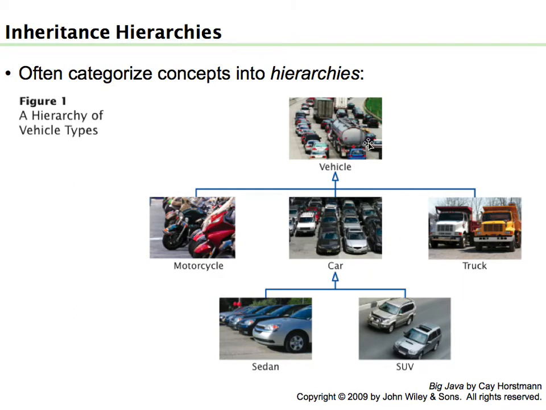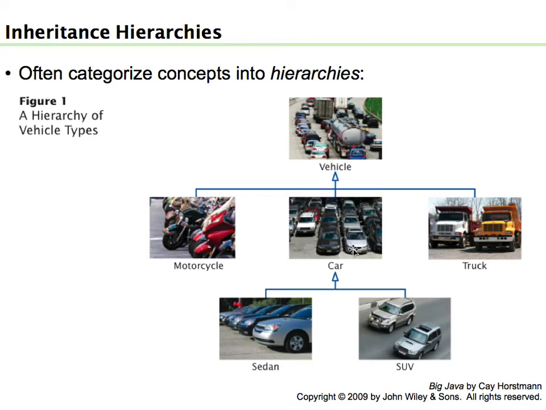All vehicles have wheels. All vehicles have an engine. All vehicles have maybe lights. But some vehicles have two wheels, like a motorcycle. Some vehicles have four wheels. Some vehicles have 8 or 10 or 6 wheels. Some vehicles have no doors. Some others have 4 doors. Some others have a truck bed.